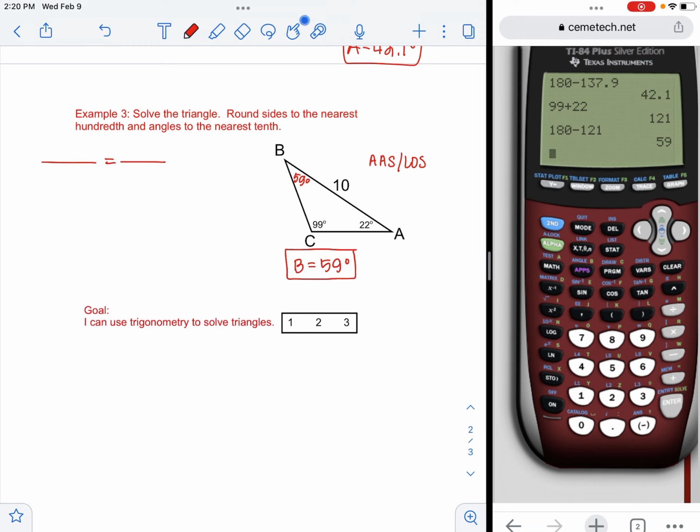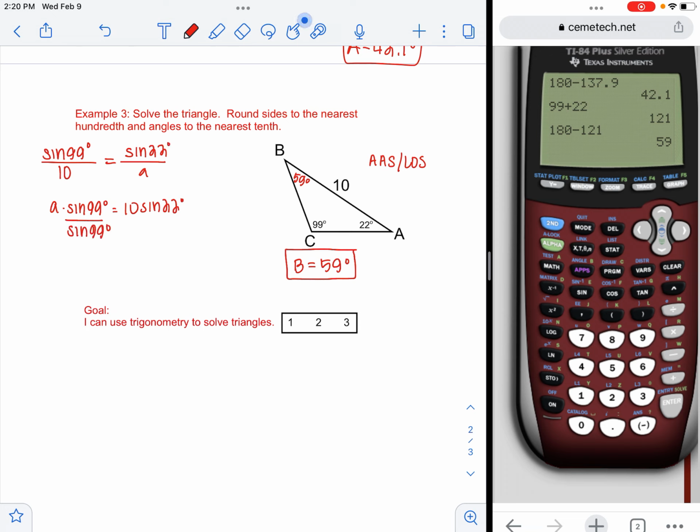All right, let's do the law of sines proportion, the ratio that I do know. Sine of 99 over 10. And then a variable that I'm solving for. So once again, no rules. I have side A missing and side B missing. It doesn't matter which one you do first. I'll do side A first. So sine of 22 over A. Cross multiply. A times the sine of 99 is equal to 10 times the sine of 22.